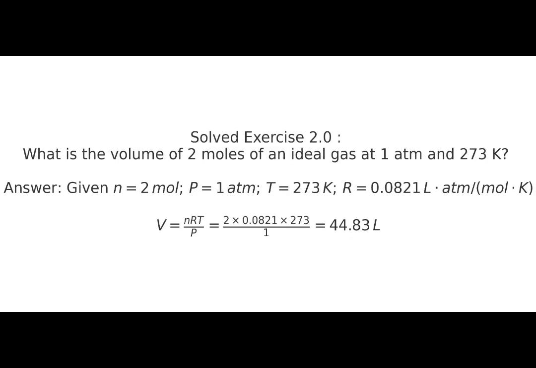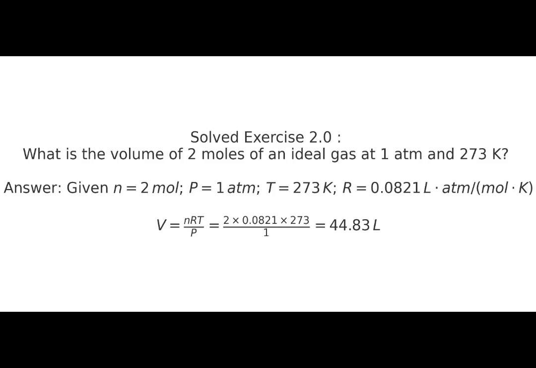Solved exercise 2.0. What is the volume of 2 moles of an ideal gas at 1 atm and 273 K? Answer: given n equals 2 mol, P equals 1 atm, T equals 273 K, R equals 0.0821 L atm/mol K. Using the ideal gas equation, equation 4, volume equals number of moles multiplied by gas constant and multiplied by temperature divided by pressure.